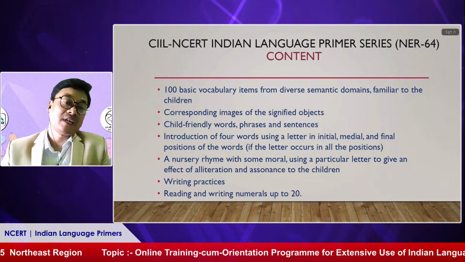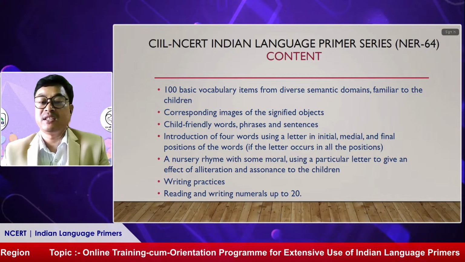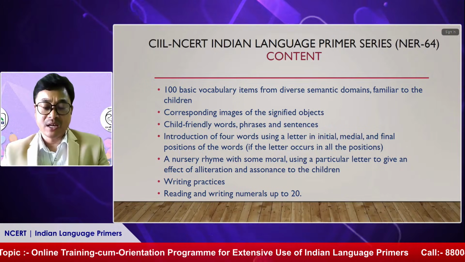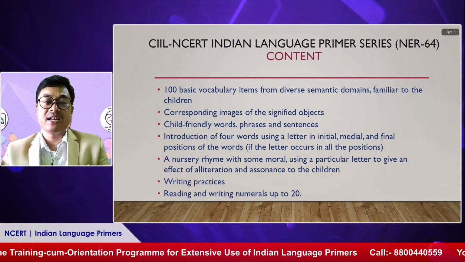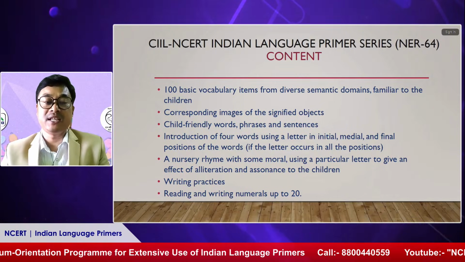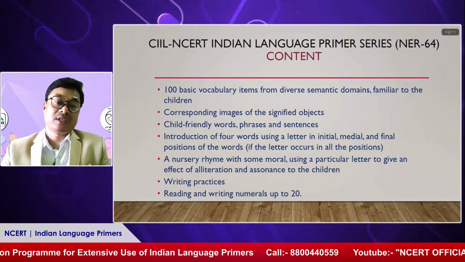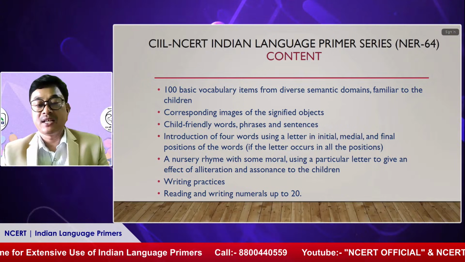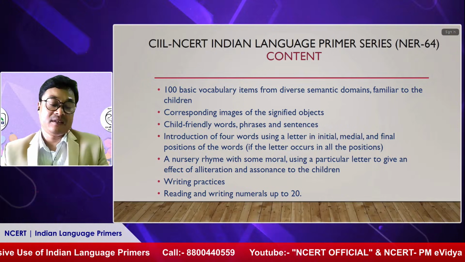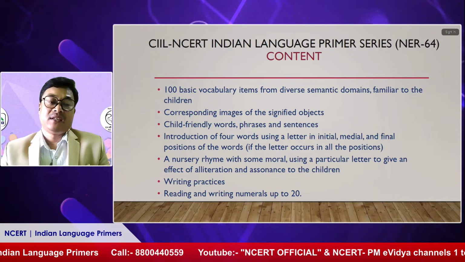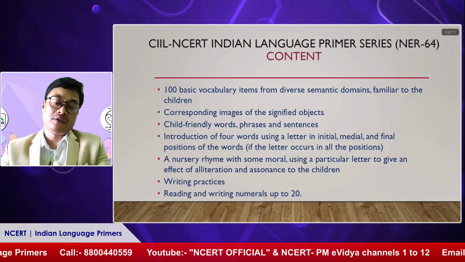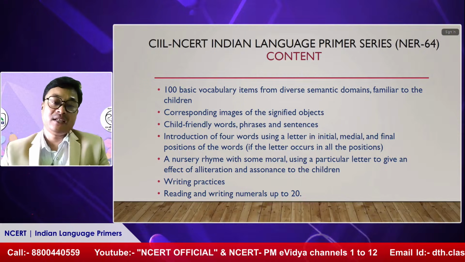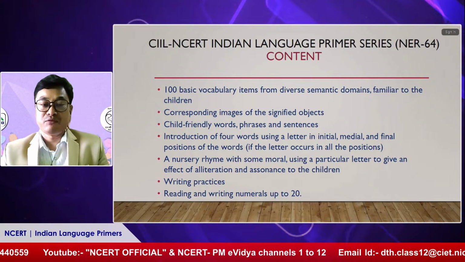And we also collected corresponding images of the signified objects, which are very familiar and very localized to the children, so that they can easily recognize the image and the word for the image, and they also can recognize the letter used in writing the words.